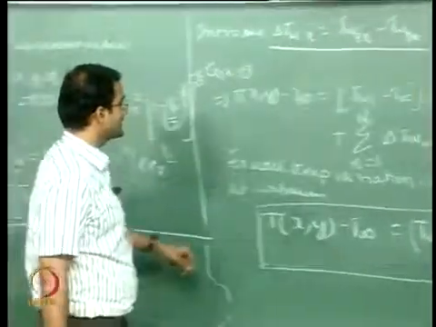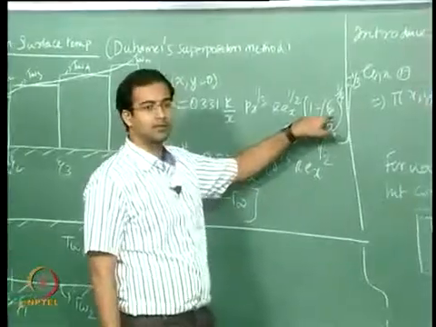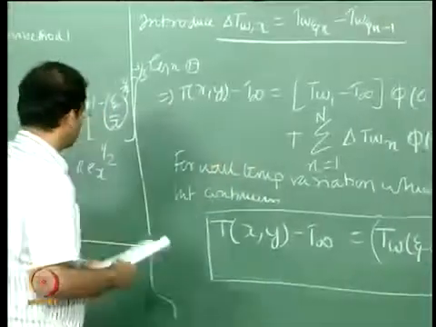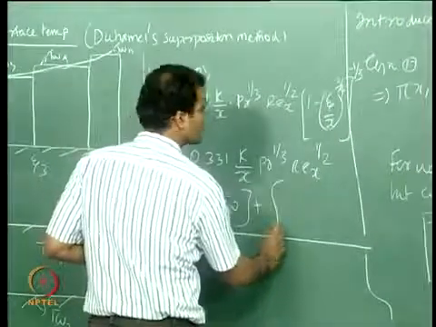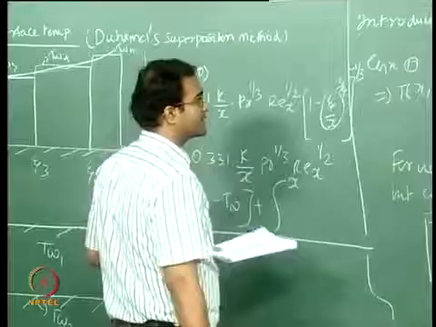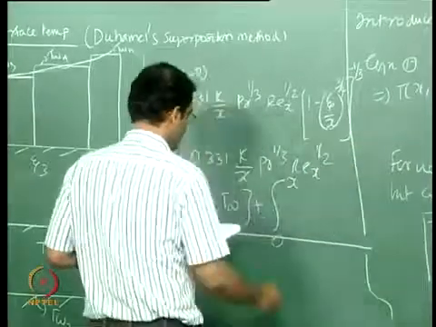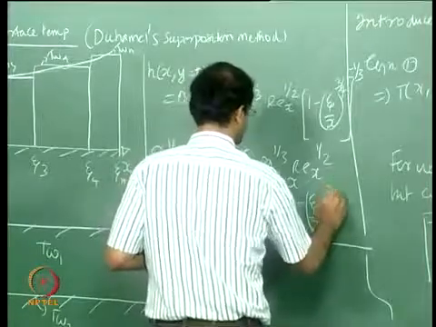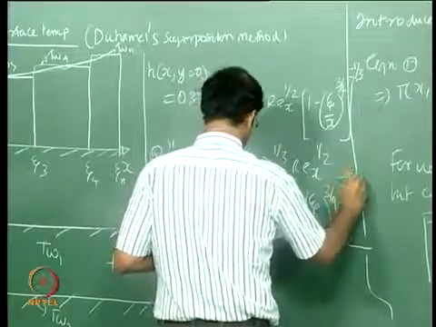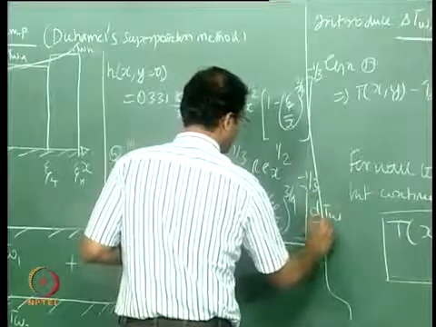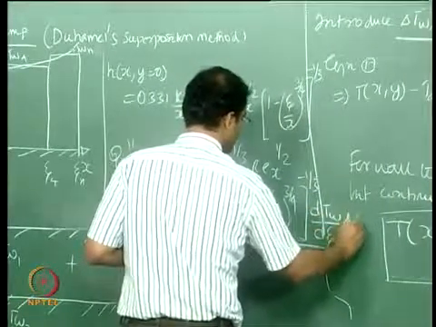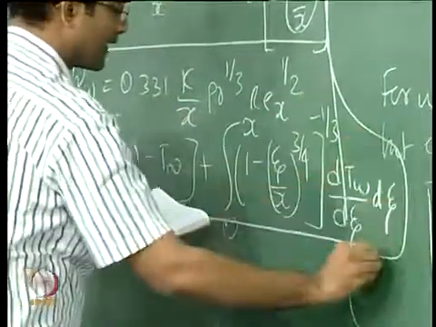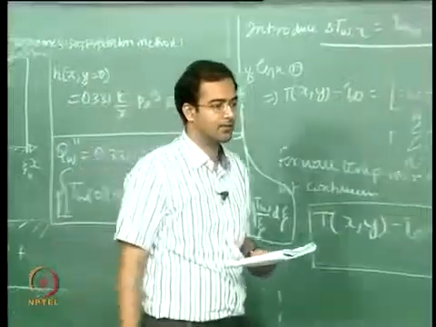Now for the very first case, h of 0, there is no unheated starting length, therefore this will be 1, plus you have integral 0 to x. In this case you have the unheated starting length, so there you put 1 minus zeta by x to the power minus 1 by 3 dT wall by d zeta d zeta. Alright, so this is your final expression for calculating the local variation in the heat flux.